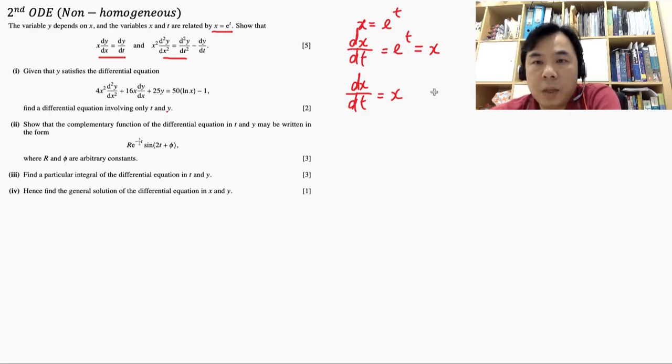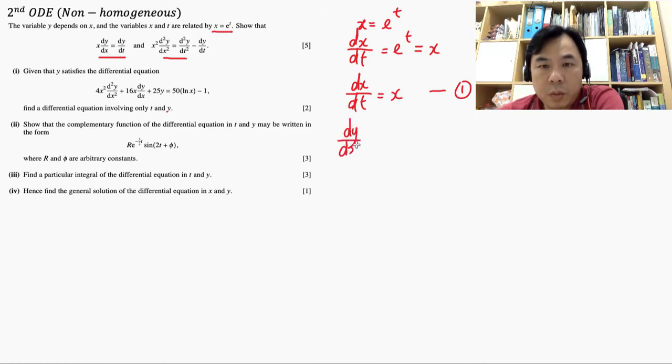Right. Now to obtain the d2y/dx squared, we need to get this equation first. Now before that, I'm going to label this as number 1, and then dy/dx using the chain rule. We know that dy/dx is equal to dy/dt divided by dx/dt.